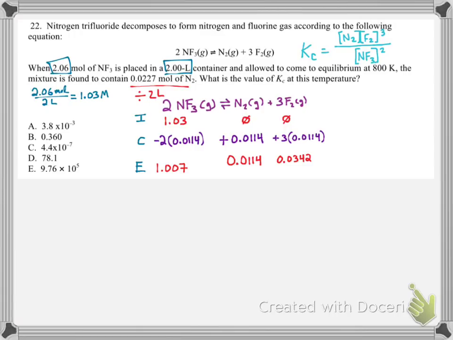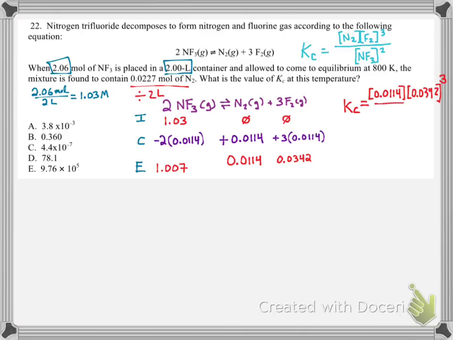Now, to find Kc, all we have to do is set up our equilibrium expression, which you'll notice is conveniently located right up here. And then we'll plug in the values from our equilibrium line in order to get what Kc is. So we have our N2 times our F2 concentration, 0.0342, and remember that's cubed.